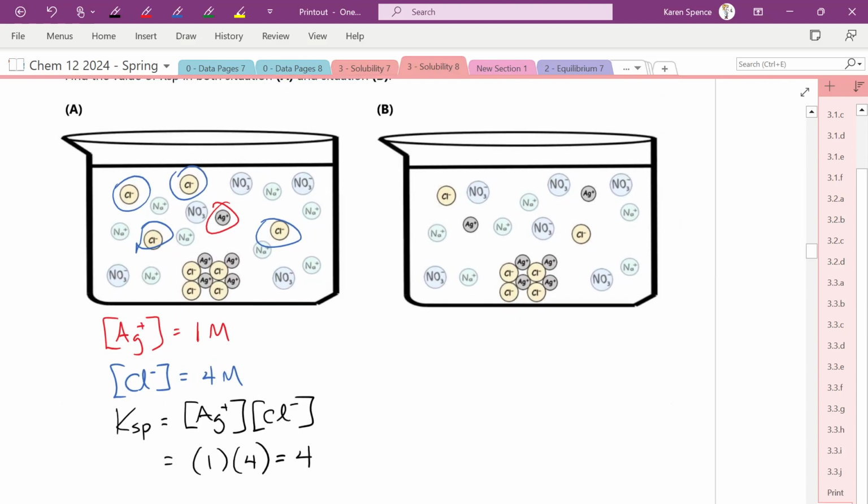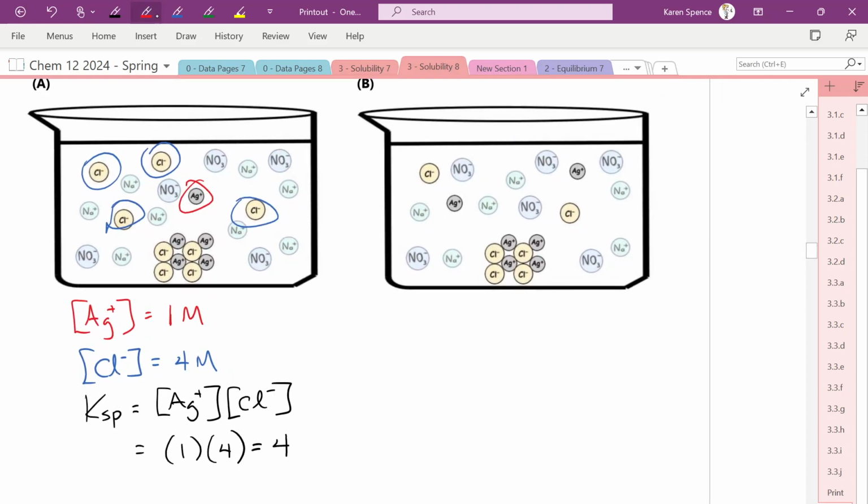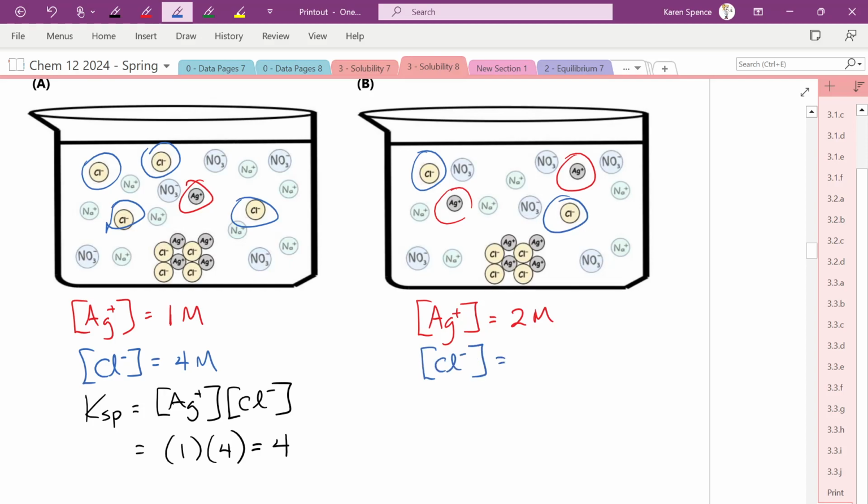In beaker B, situation B, our silver concentration, we have 2 silvers still dissolved, so that's 2 molar. And we have 2 chlorides still dissolved, so that is 2 molar.